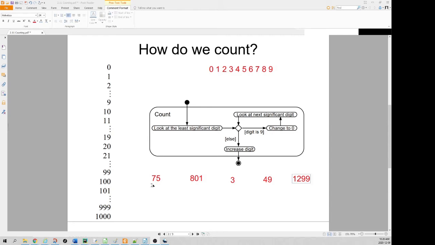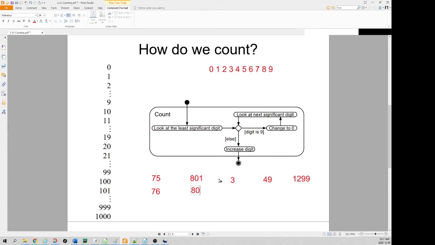So let's say we have 75 and we want to find the next number. We look at the least significant digit, which in this case is a 5. And it's not a 9, so we increase the digit. 76. 801. If we want to find the number that comes after 801, we look at the least significant digit, which is a 1, and we increase it.